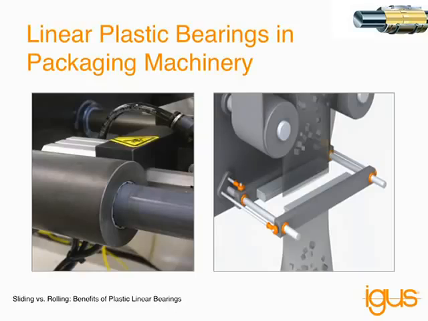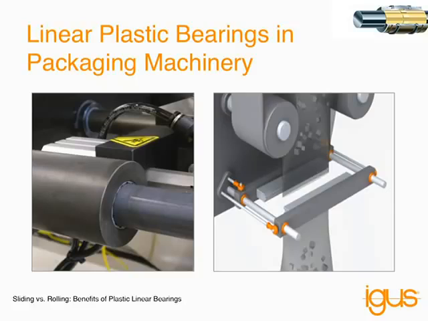Again, really nasty environments, depending on what the end user is packaging. It could be harsh, things like onions, or it could be chips, could be mulch, could be all sorts of different media. Plastic bearings, again, due to their lack of wet lubricant, really thrive in these applications.